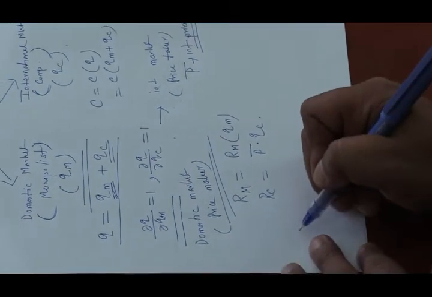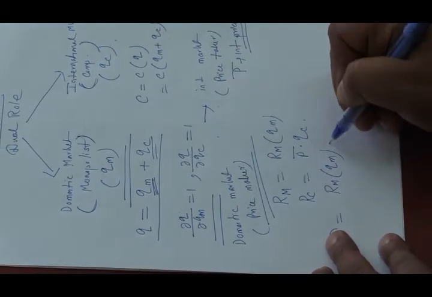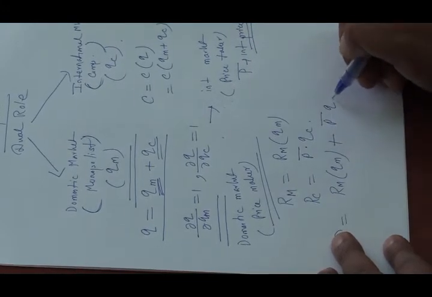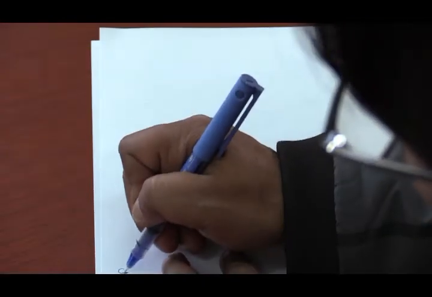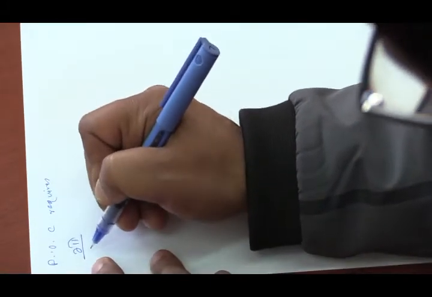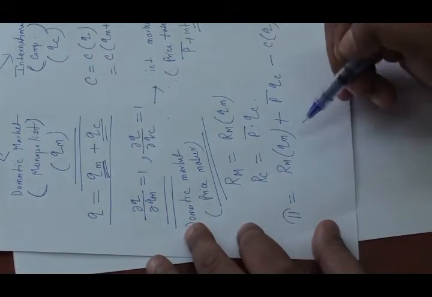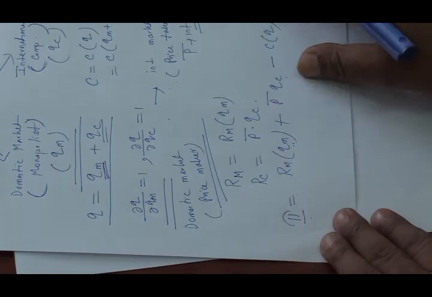So his total profit function will be given as RM of QM plus P bar into QC minus C of Q. Now the first order condition of profit maximization requires the monopolist to maximize profit with respect to QM and QC.